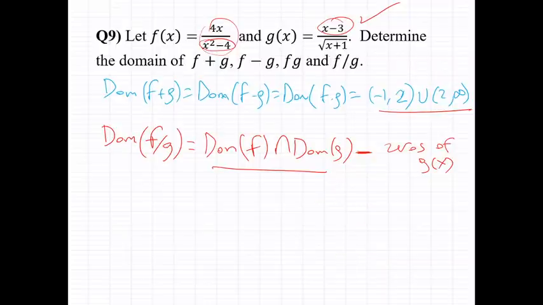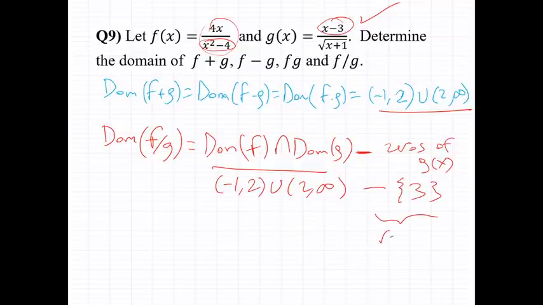So you write the set here, minus 1 to 2 and 2 to infinity, and then you remove 3 from the set. So how do you remove? You can draw the set here, minus 1 up to 2 and 2 to infinity.